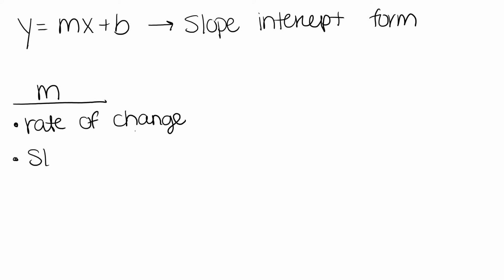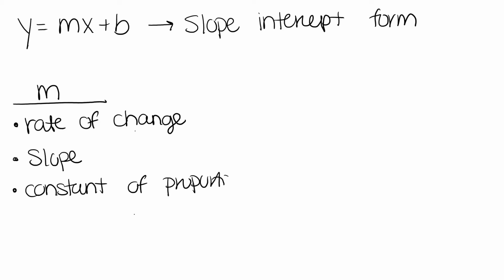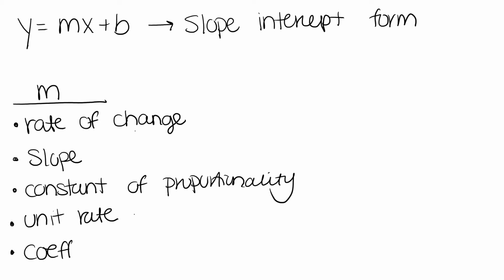It's known as the slope. It's known as the constant of proportionality. The one you may be familiar with is the unit rate. It's also called a coefficient.